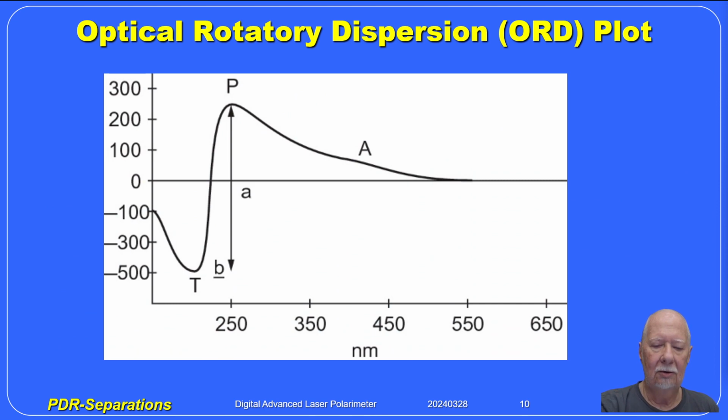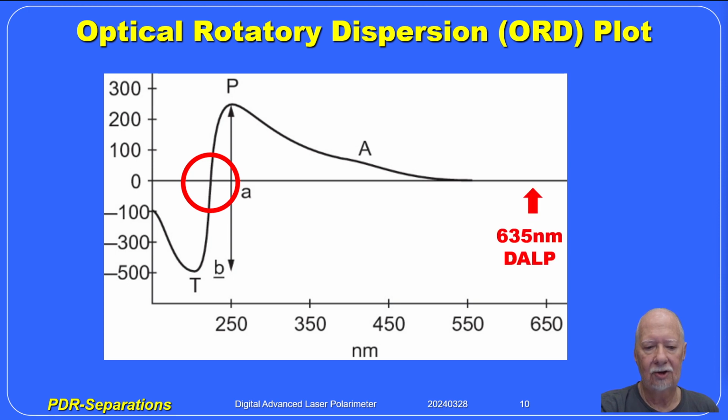Here is an optical rotary dispersion plot of a typical compound showing specific rotation versus wavelength. Notice there's a considerable change with wavelength, including a zero crossing until above 500 nanometers when plots go flat.